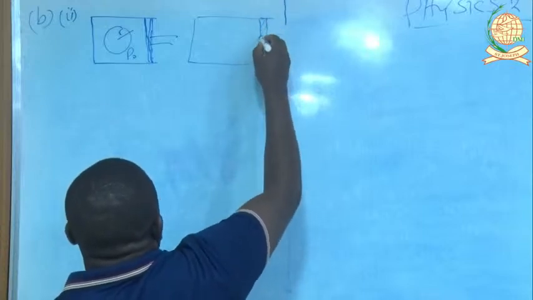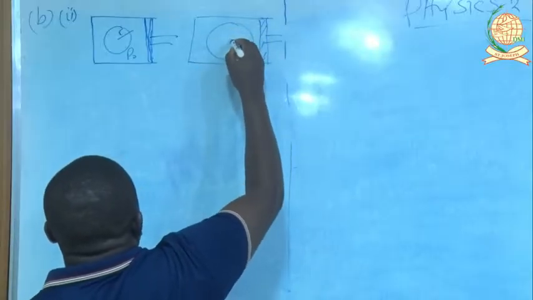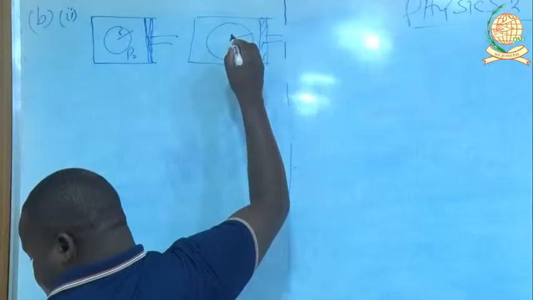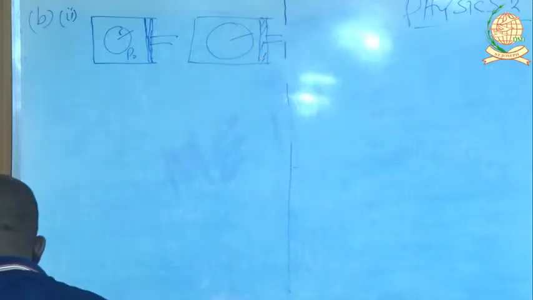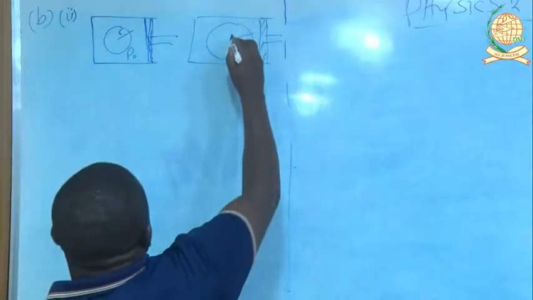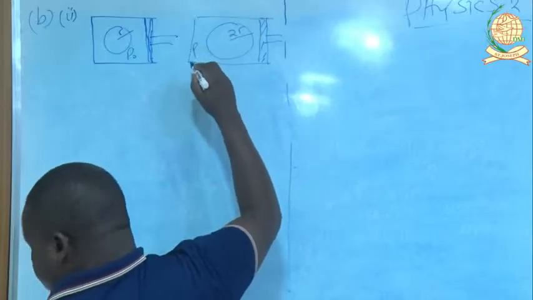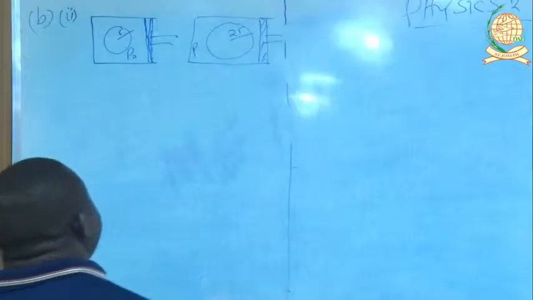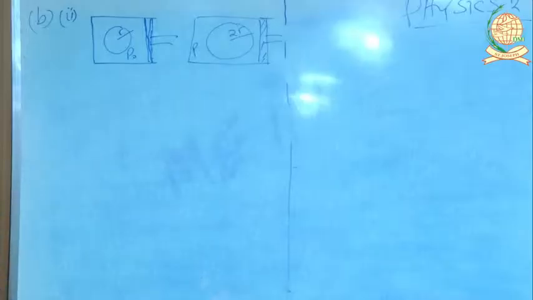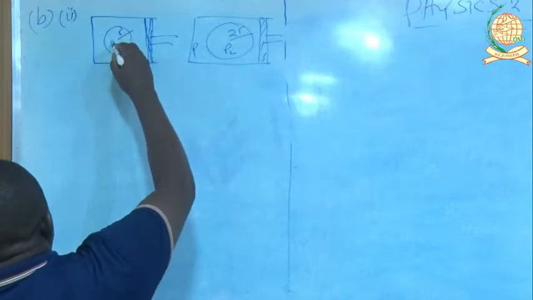That means the piston is withdrawn until the radius is doubled, so it is now 2r. So the new pressure inside the cylinder is P, while inside the bubble is P2 and this is P1.